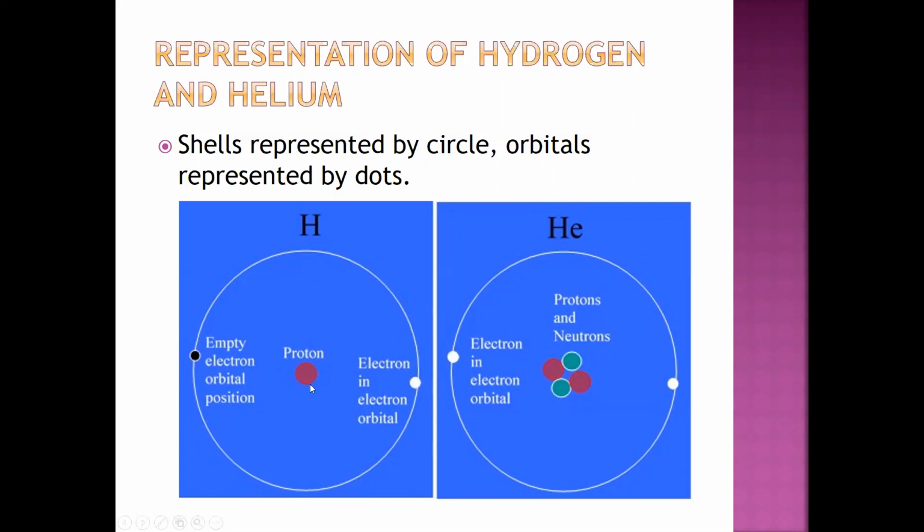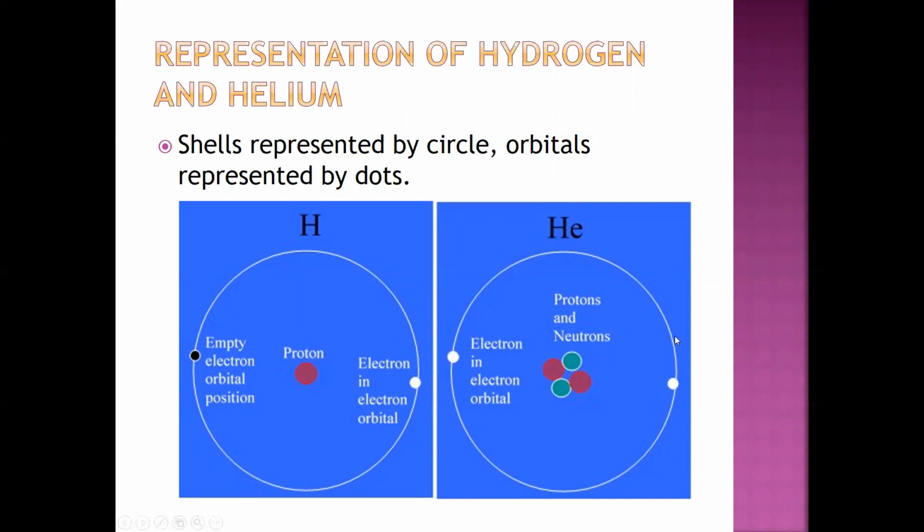So hydrogen has 1 proton, which means it also has 1 electron, so it has 1 empty position in its inner electron shell, whereas helium has 2 electrons because it has 2 protons. The electric charge is always balanced. It also has 2 neutrons. So it has 2 electrons in its inner or only electron shell.